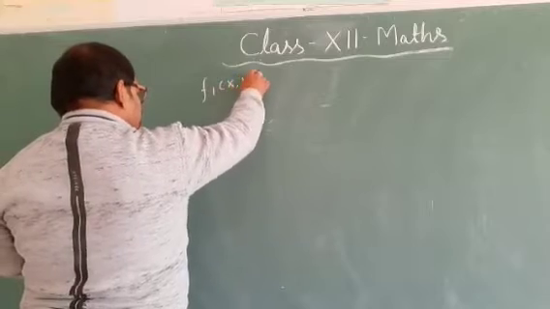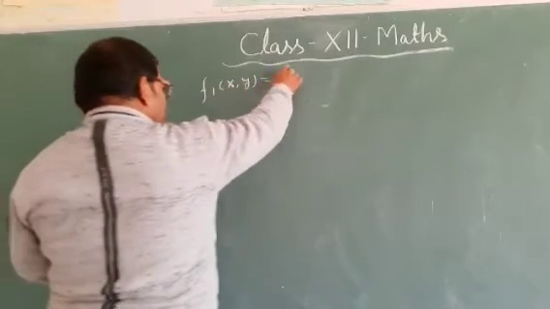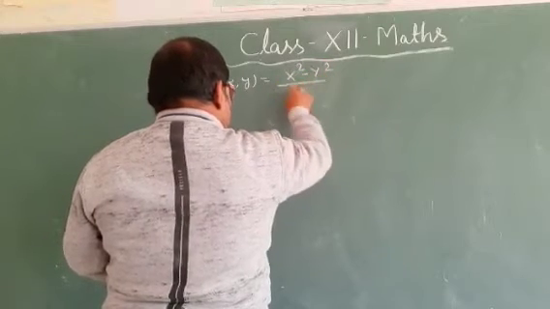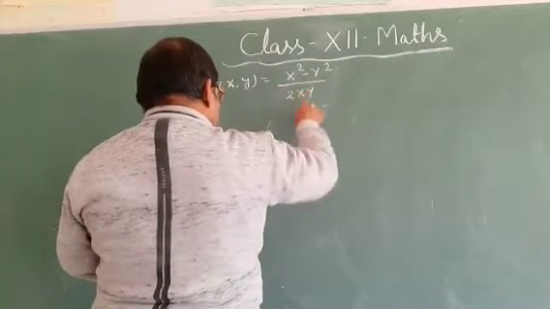f1(x, y) equal to (x square minus y square) upon 2xy.